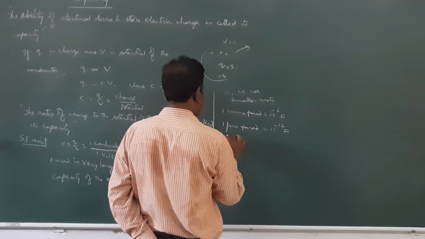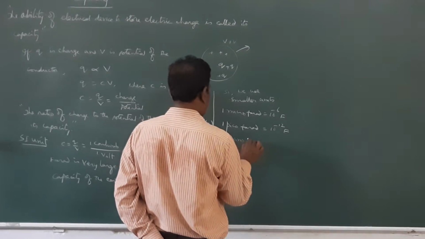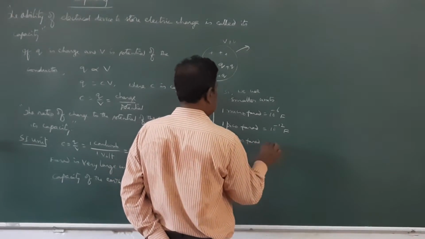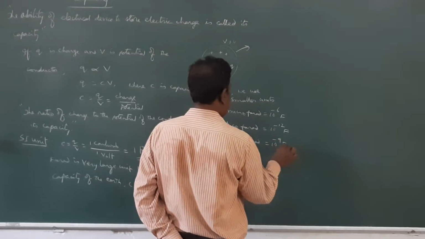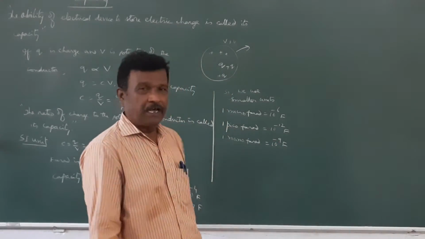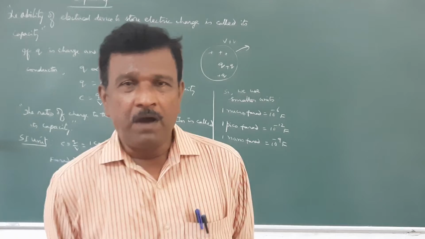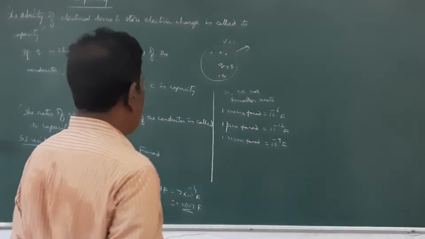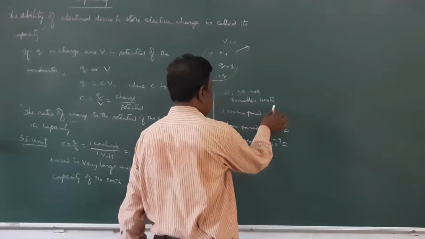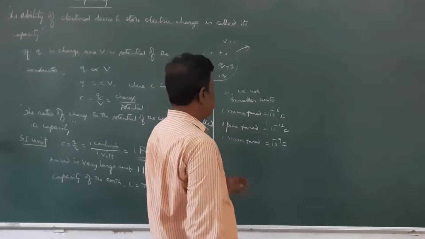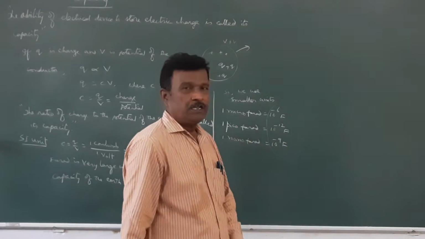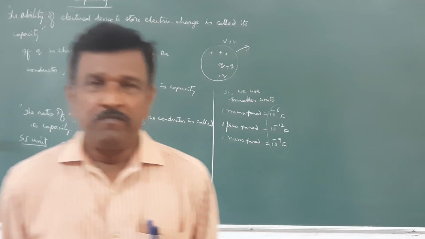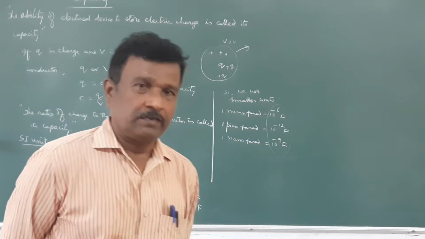Or in the other way, there is a nano also. 1 nanofarad is equal to 10 to the power of minus 9 farad. In this manner, we use smaller units for capacitor. We use only these very small units, as the farad is a very large unit.